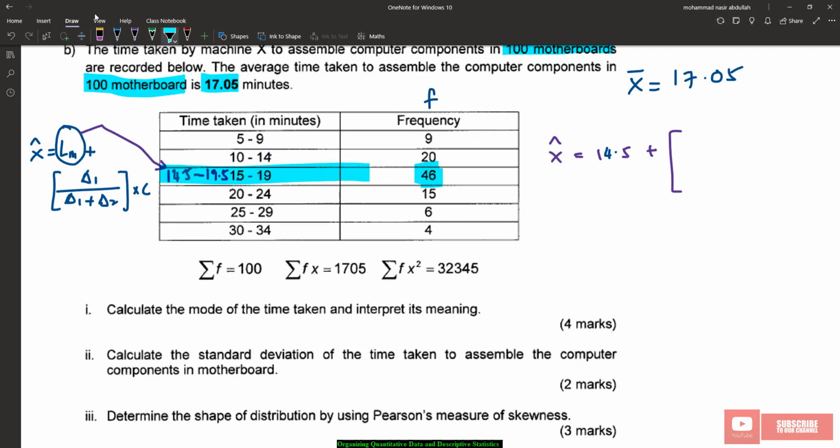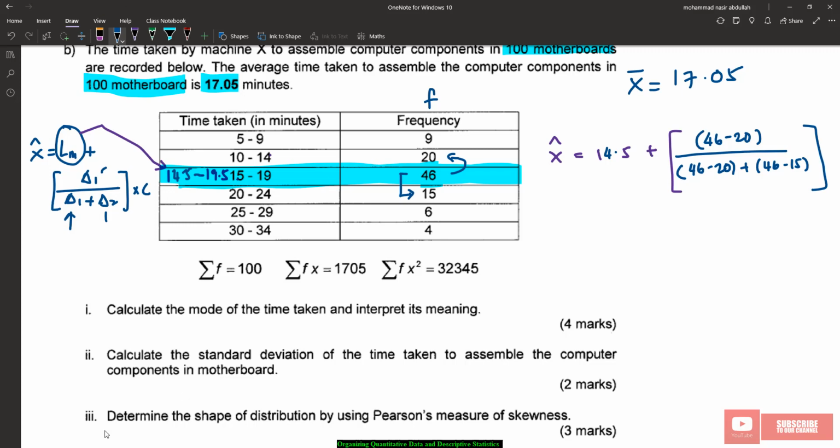Okay, this is the modal class. Next, theta 1. Theta 1 is the frequency of the modal class minus frequency before the modal class, that means 46 minus 20. And divide by the denominator, starting with theta 1 again, 46 minus 20, plus theta 2, that means frequency of the modal class minus frequency after the modal class, 46 minus 15.